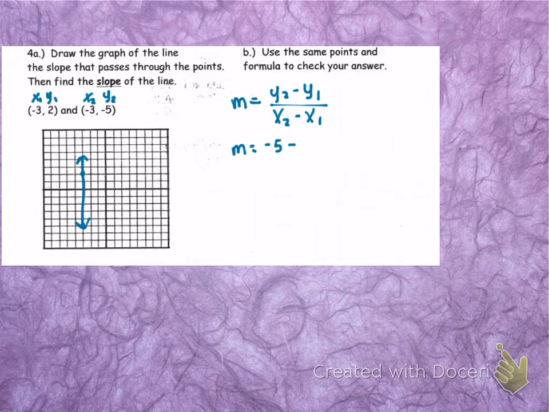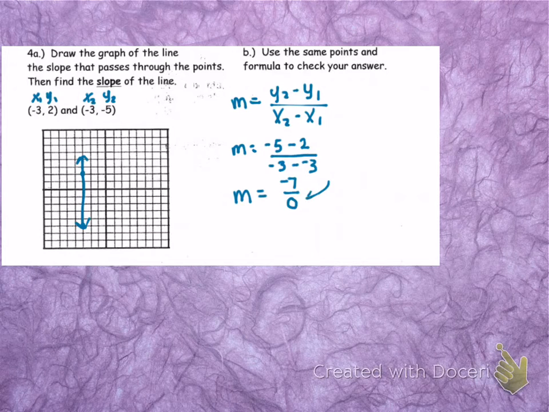And we subtract our first y value, which is 2. And that goes all over our second x value, which is -3. And we're subtracting our first x value, which is also -3. And then doing that arithmetic, we get -7 over 0.